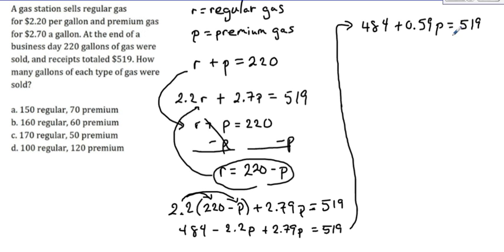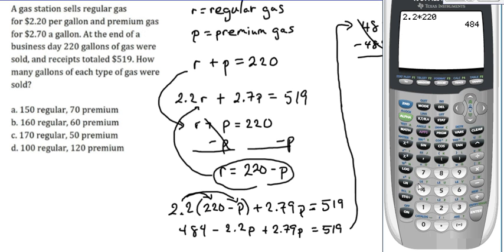Next step is to solve the equation for p, because now we only have one variable, so we'll subtract 484 from both sides. These become 0. We bring down the 0.5p, and we'll do 519 minus 484. That should net us 35.